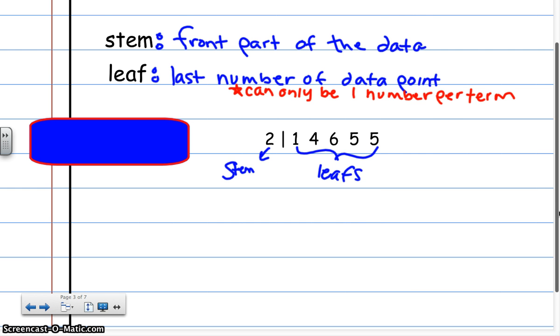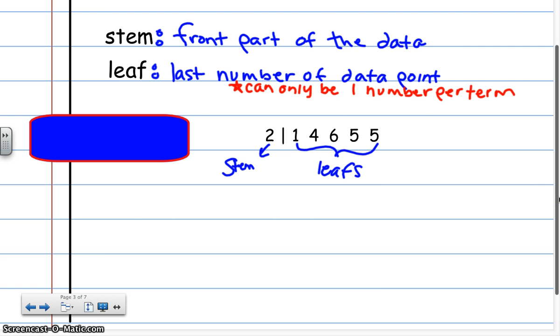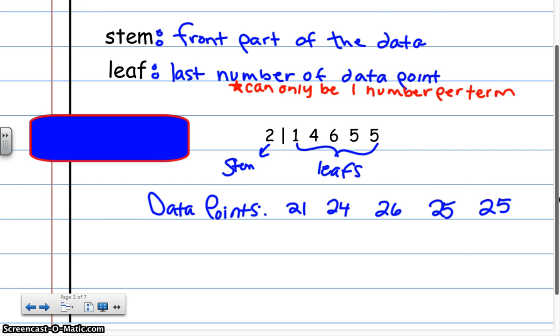So what that means is all of the leaves have their stem in common. So my data points from this stem and leaf plot are as follows. I have a 21, I have a 24, I have a 26, I have a 25, and I have a 25.